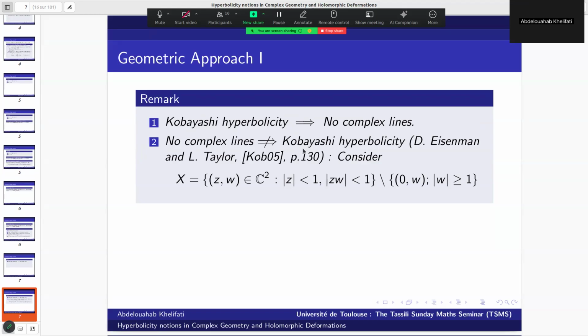Kobayashi mentions in his book an example by Eisenman and Taylor, which is the following.